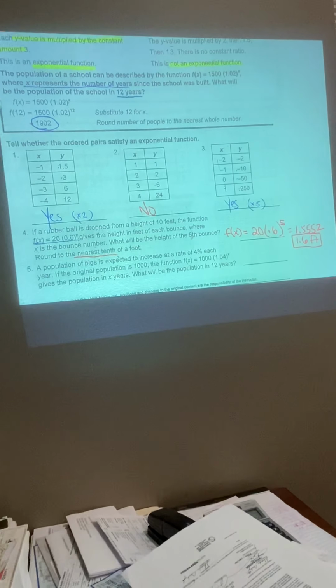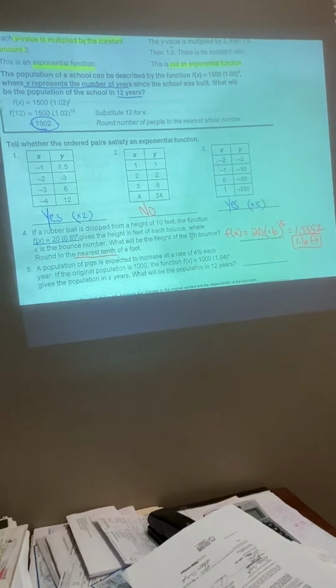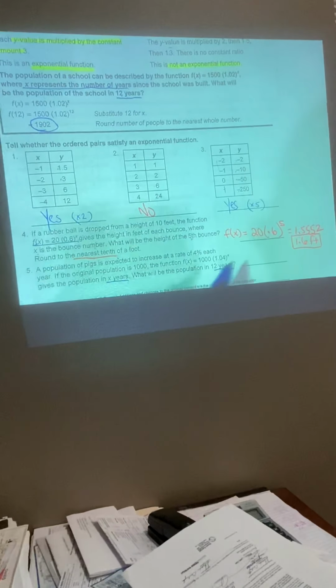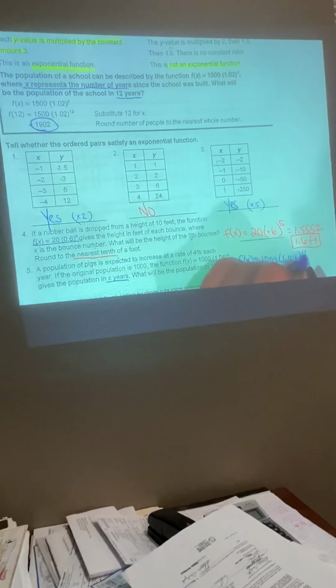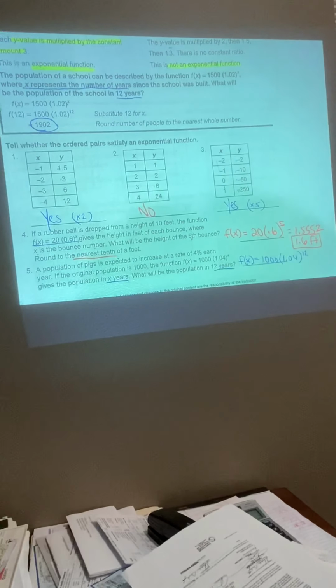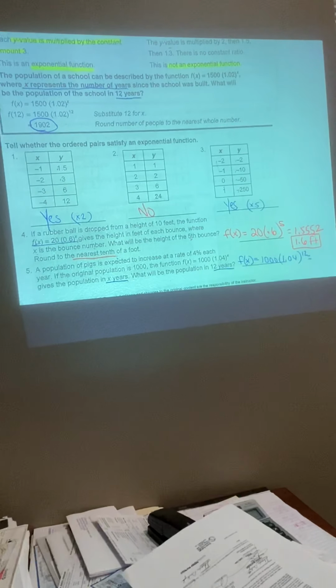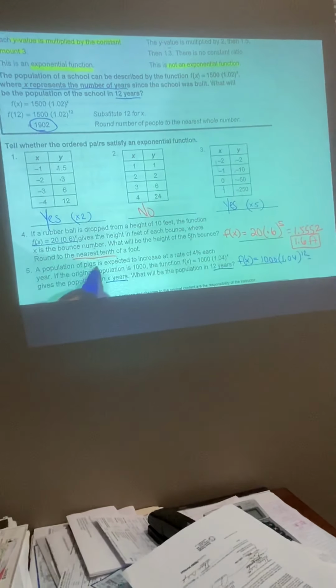All right, the population of pigs is expected to increase at a rate of 4% each year. The original population is 1,000. There's your function, which gives the population in x years. What's the population in 12 years? 1,000 times 1.04 to the 12. Okay, and what are we talking about here? Population of pigs.